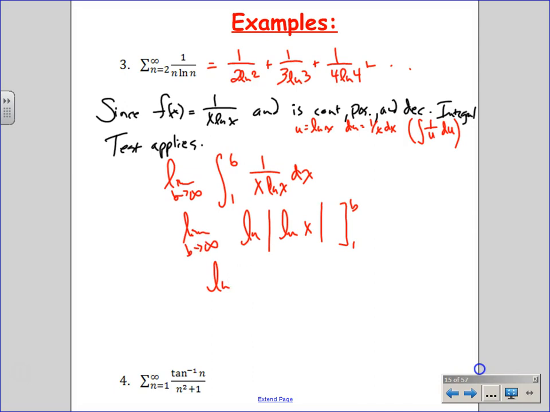Wait. What should my bounds be? Why am I going to come back and say 2 to b? No, they can't. They just went from 2 to infinity. Oh, okay, that's fine. It's 0 at 1.